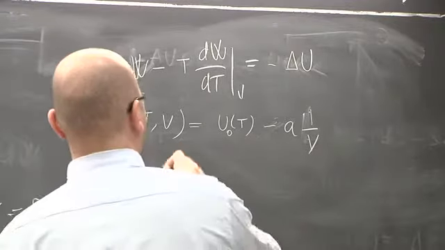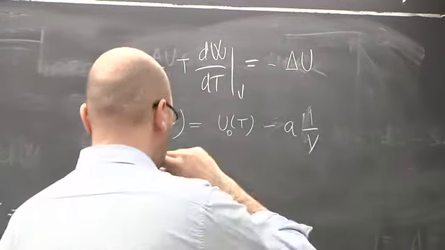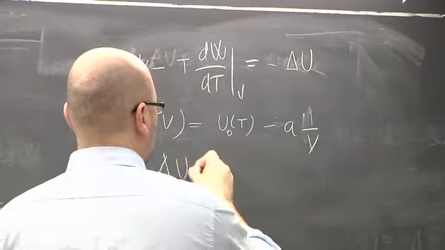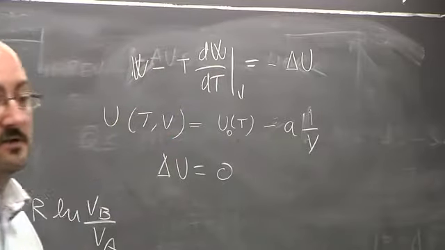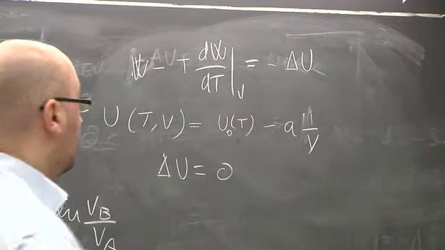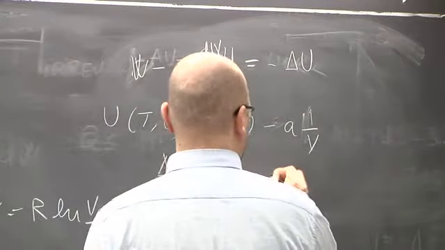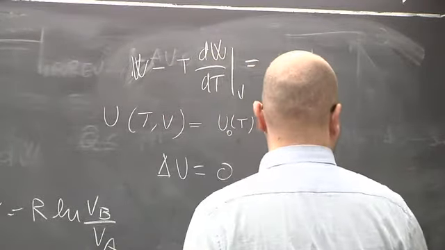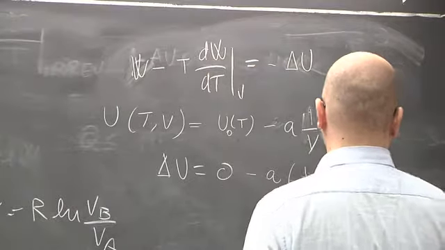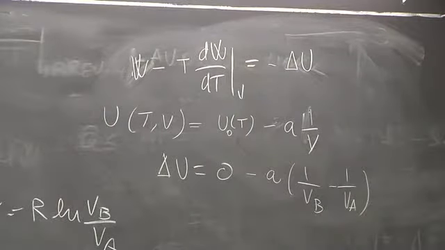So dU on an isothermal transformation is 0 for this part, because this thing does not depend on the volume, depends only on the temperature, and the temperature is constant. But then we have minus A, 1 divided by VB, minus 1 divided by VA. So it's not 0.